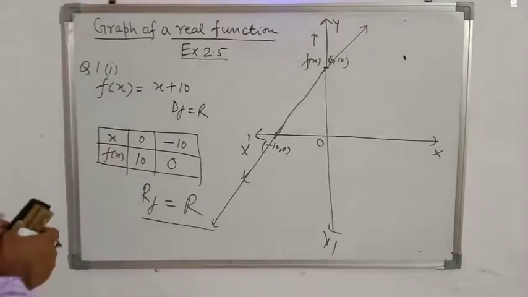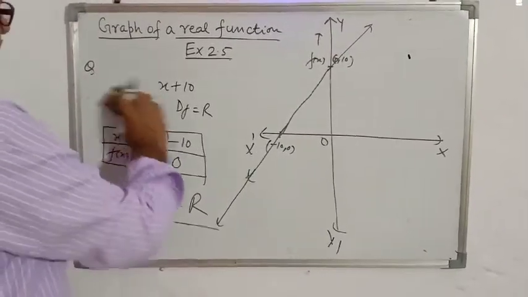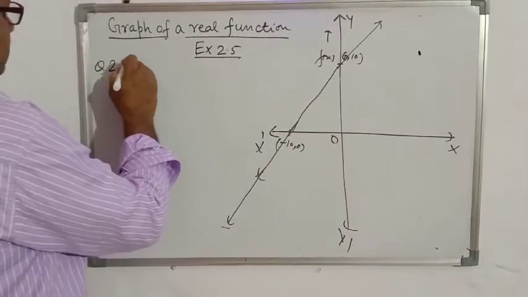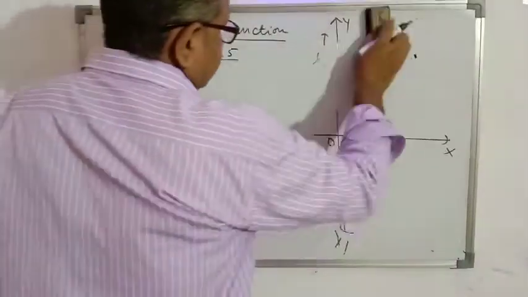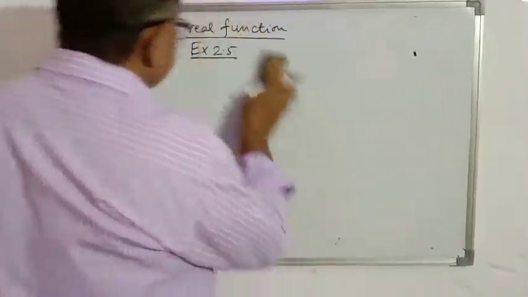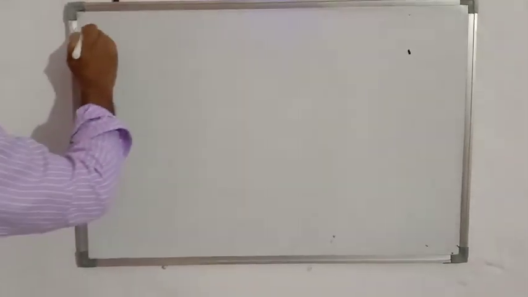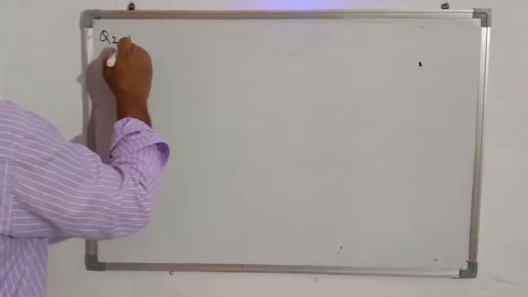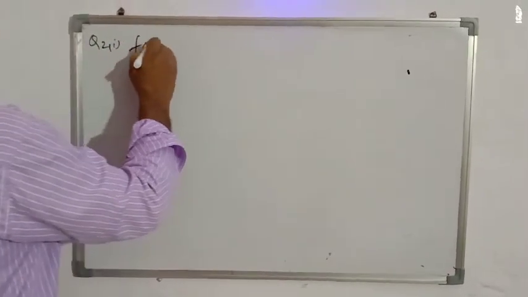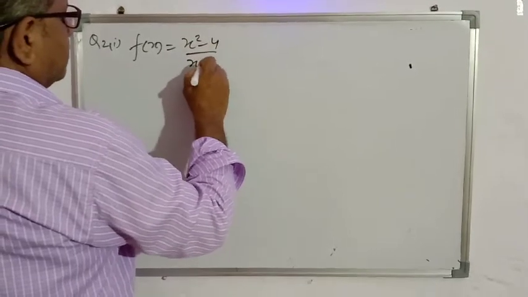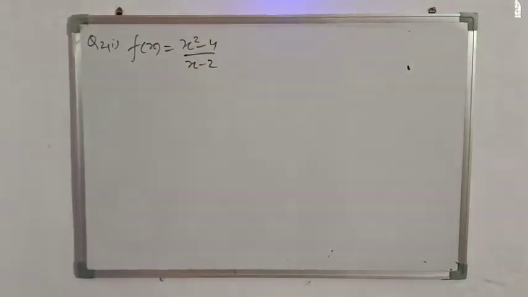See the next question. Question number 2, first part is given. f(x) is equal to (x square minus 4) upon (x minus 2).